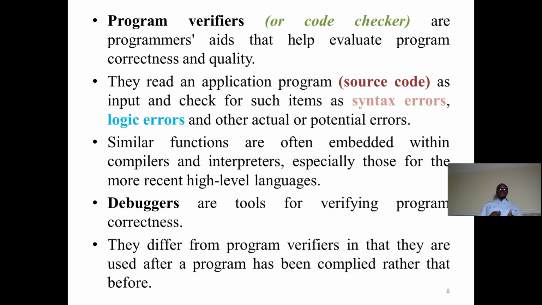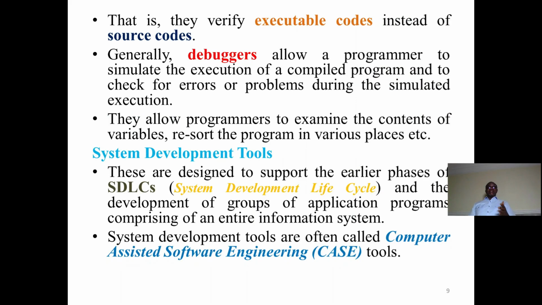Debuggers are also tools for verifying program correctness. They differ from program verifiers in that they are used after a program has been compiled rather than before. That is, they verify executable codes instead of source codes.